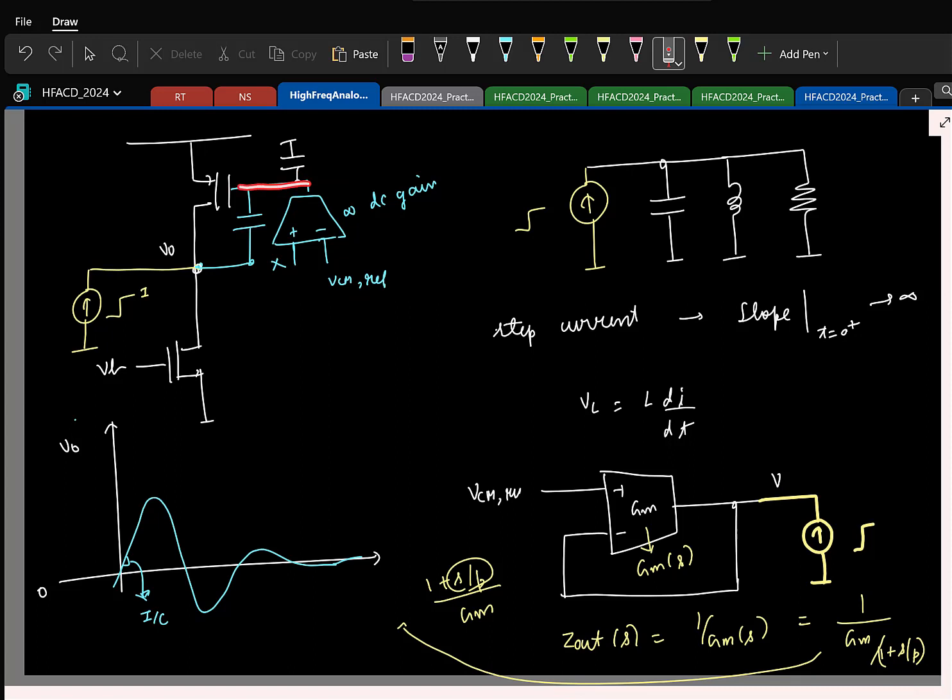Output goes to a second stage OTA, which is compensated, and the final output is connected back, right? So this entire thing is a two-stage OTA, which I have modeled like this, and that's what is put in unity feedback.